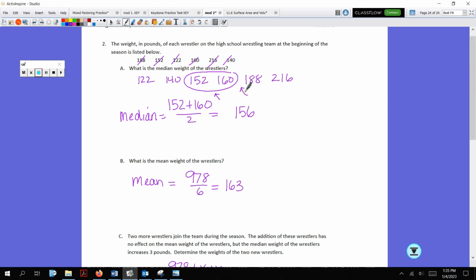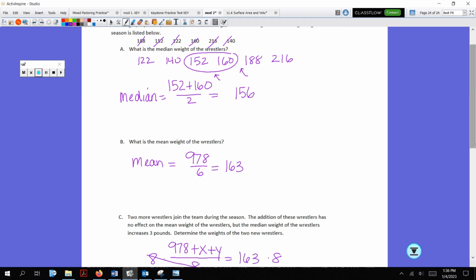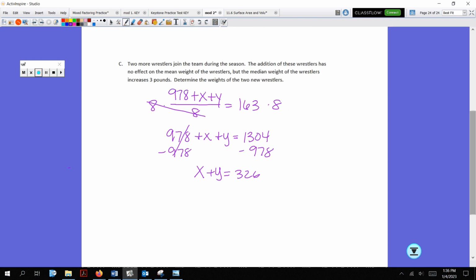So I picked 2 numbers. The 2 numbers I picked were 158 and 168, because 158 plus 168 is 326.